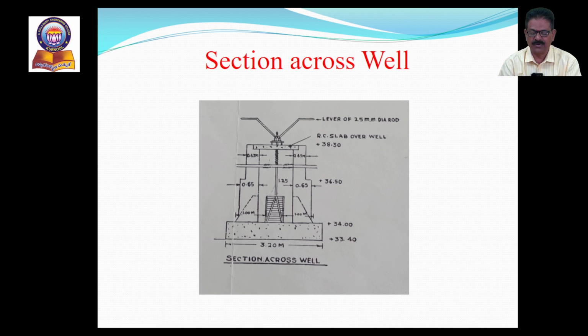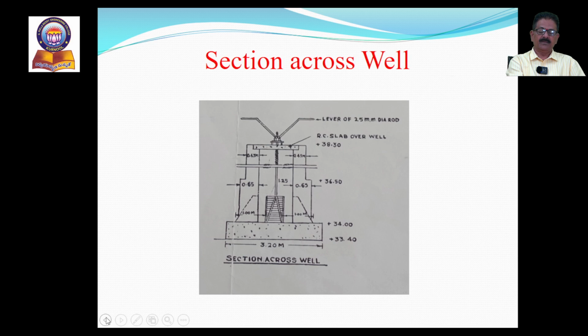In a close view of this well, as we already designed this major component, we can see the foundation concrete of width 3.2 meters with 60 centimeter thickness, and here you can clearly observe the inner dimensions of the well, 1.25 meter diameter, and two sides surrounded by the masonry wall having two different thicknesses: one is 65 centimeters and the other 45 centimeters. So this is a clear view of the section across the well.